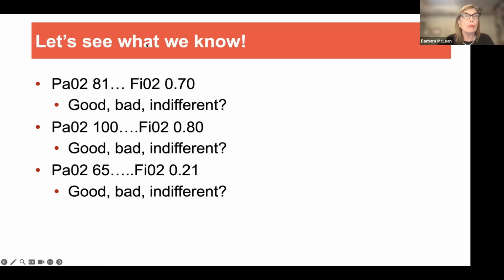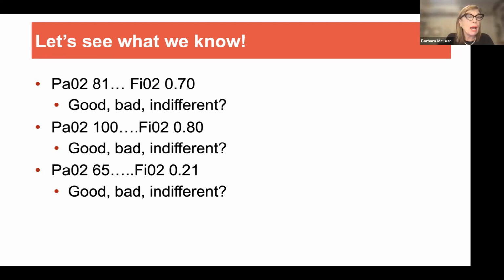So now let's do the next one. And again, I would encourage you to do it yourself at the same time I'm doing it. Take your patient's PaO2 of 100 and divide it by 0.8, which is 80% FiO2. And that equals 125. That's still pretty bad. Even though the PaO2 looked okay, the P to F ratio is really poor. And then we take a look at our patient here, and we say PaO2 is 65 divided by the FiO2 of 0.21.